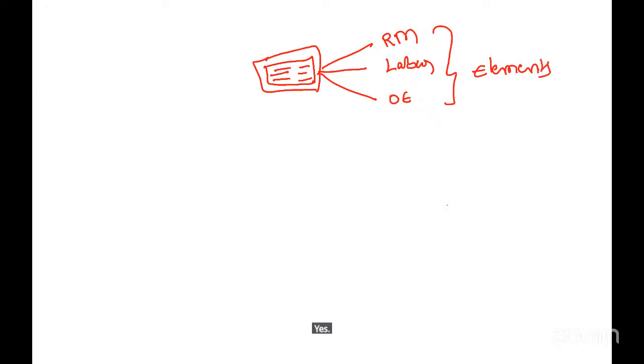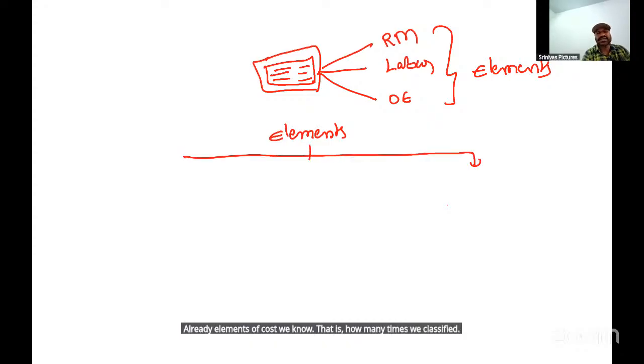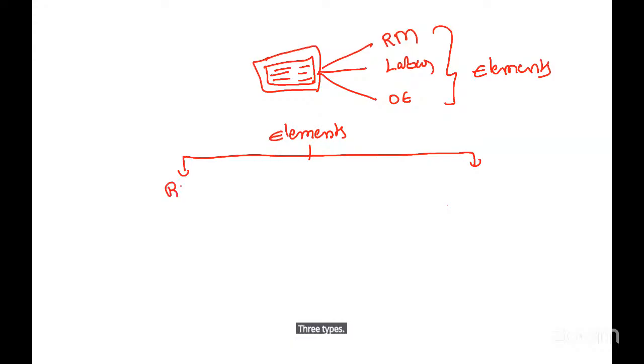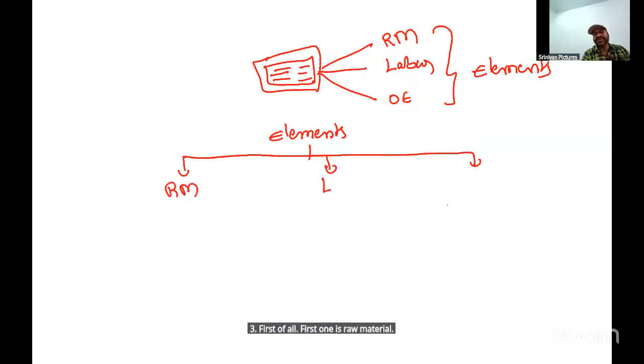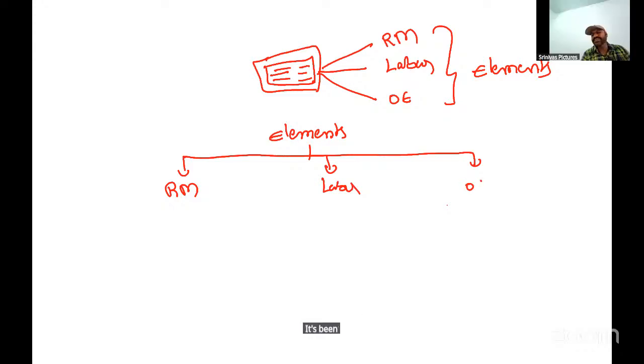Yes, sir. As per cost accounting, we already know the elements of cost. How many types did we classify? Three types. The first one is raw material, the second is labor, and the third is expenses, other expenses.